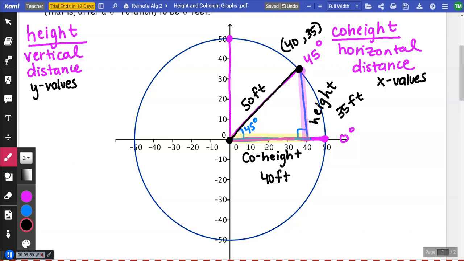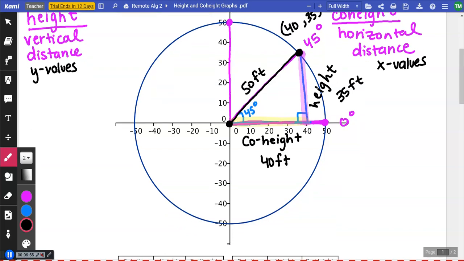Before we move on to find some more heights and coheights for various angles within this circle, I just want to quickly review the standard form of the equation of a circle, and write the equation of this circle for this Ferris wheel.